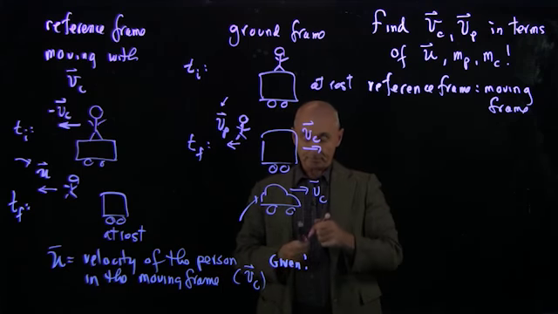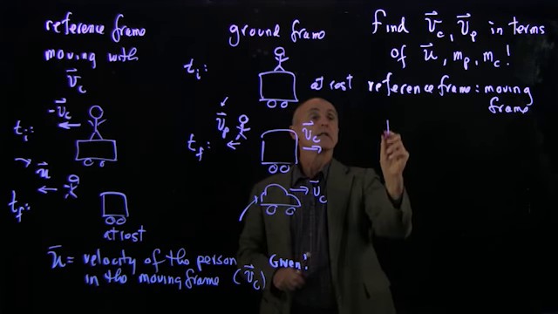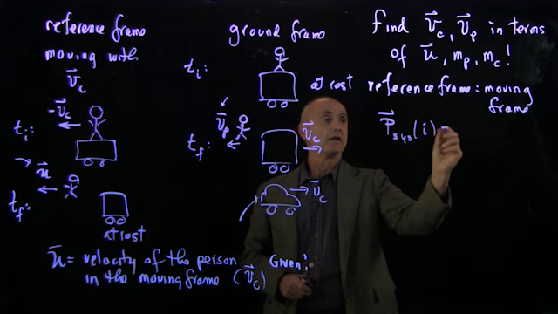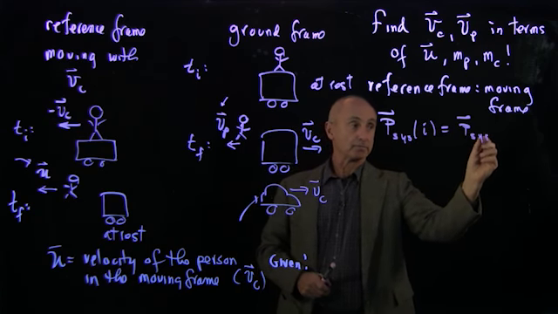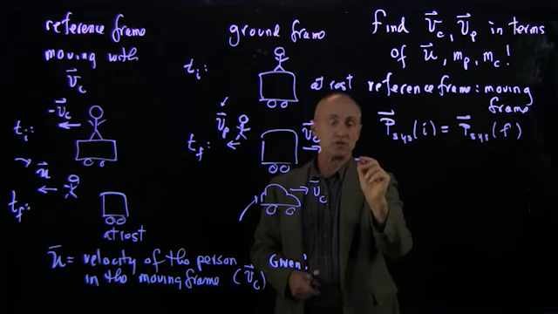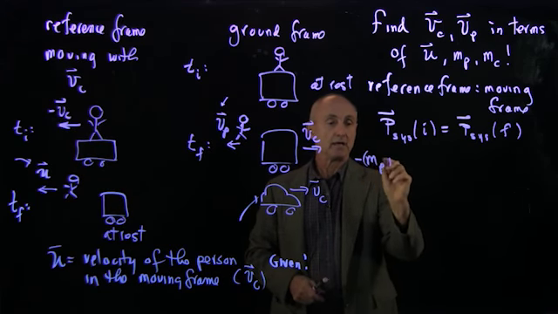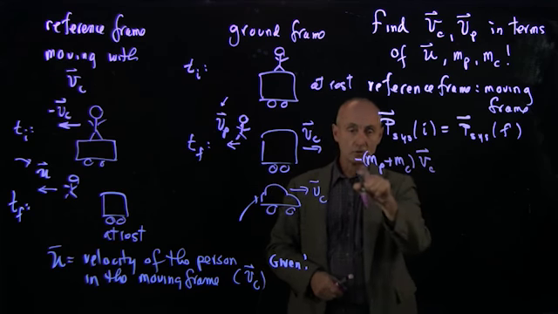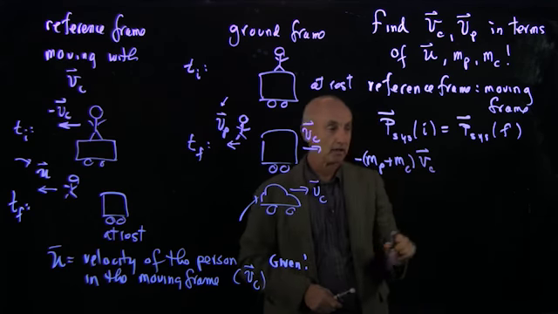In the moving frame, we have that momentum of the system initially equals momentum of the system finally. Now the initial momentum is just minus m_p plus m_cart v_cart. Notice the minus v_cart.